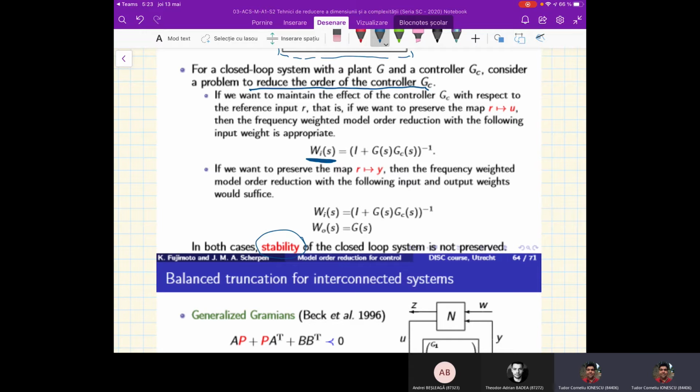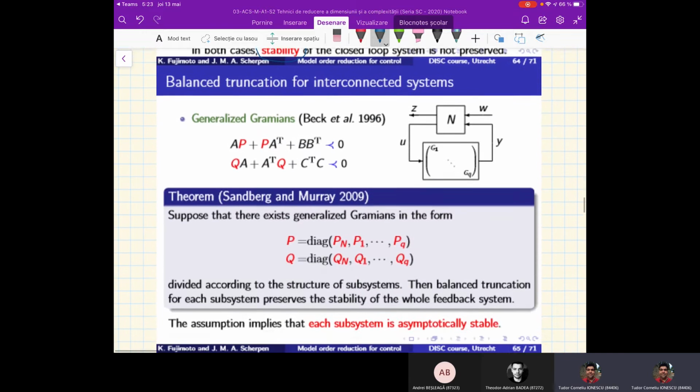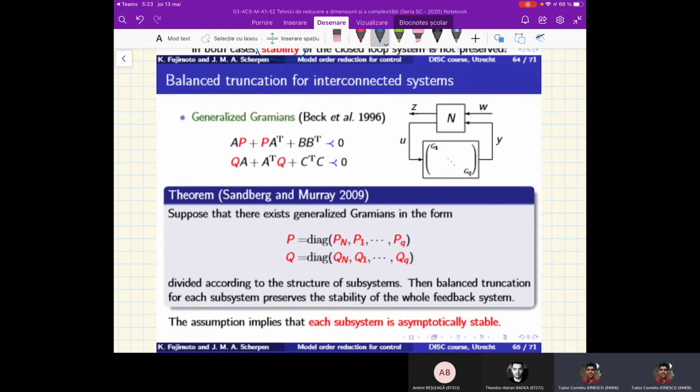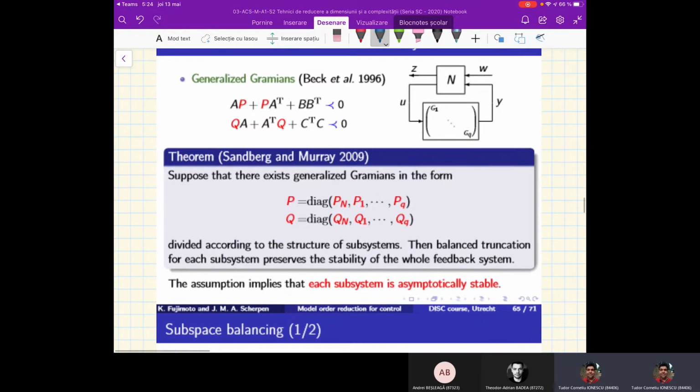This is bad. Now, in general, you can look at interconnected systems, and you can do generalized Gramians defined by linear matrix inequalities, this time by Lyapunov inequalities. And you have this interesting result.